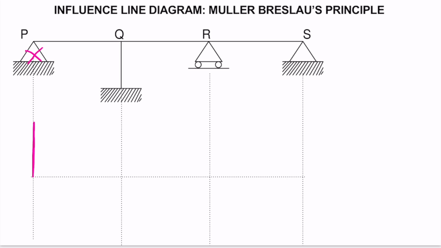So whatever be the deflected shape of the beam will represent ILD to some scale. So roughly the deflected shape will be like this, since it is restrained at this point, this point, this point, so this deflected shape will be like this.